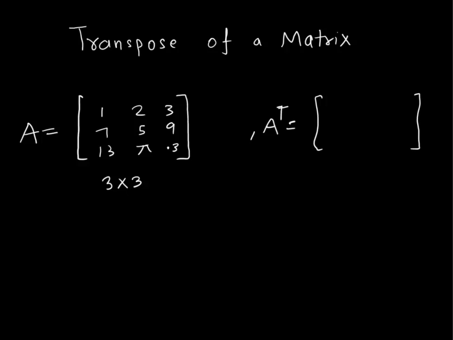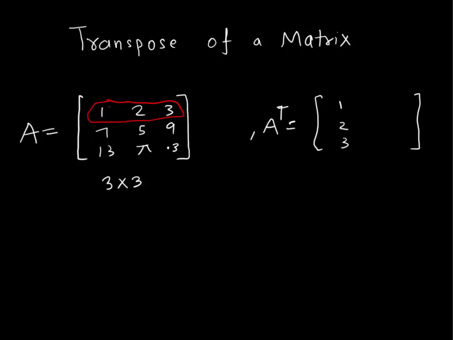So actually the idea is pretty simple. We take the first row, so let me do it with red. I take my first row, and then I make my first row as my first column in the A transpose matrix. So this is going to be 1, 2 and 3, and then I do the same thing for all the rows.